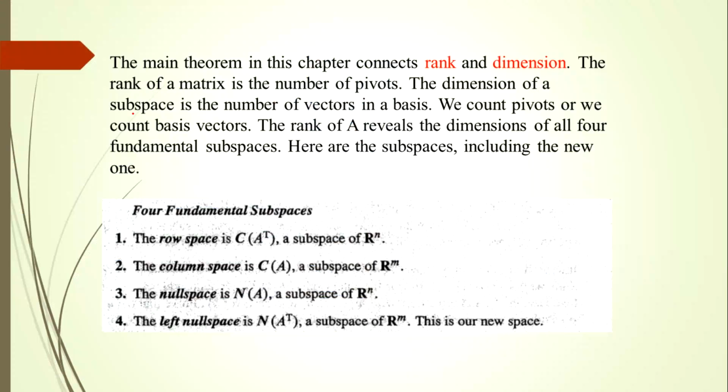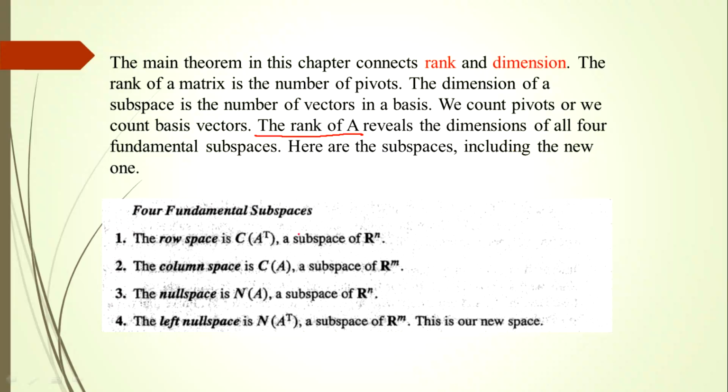The dimension of a subspace is the number of vectors in the basis. We count pivots or we count basis vectors. The rank of A is very important. This number R reveals the dimensions of all 4 fundamental subspaces.